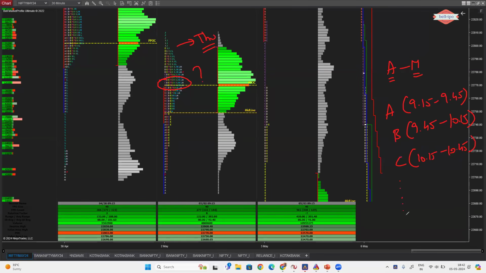This keeps going on till letter M. Only the last letter M will run from 15:15 to 15:30, but that's fine. Every other letter runs for 30 minutes, and only the last letter runs for 15 minutes.